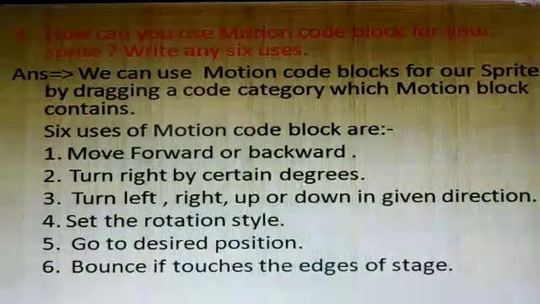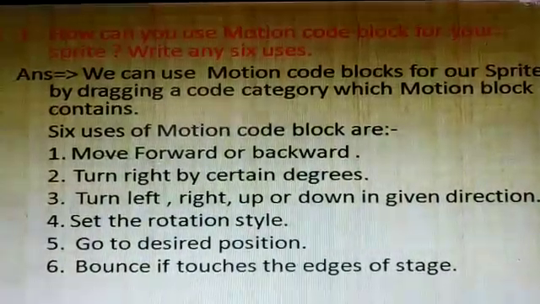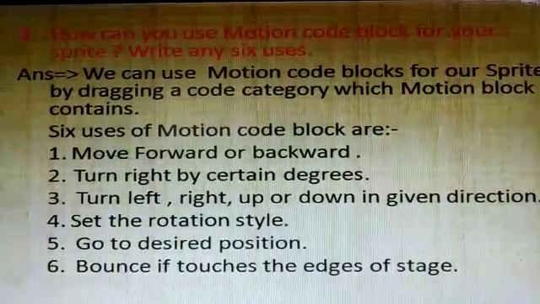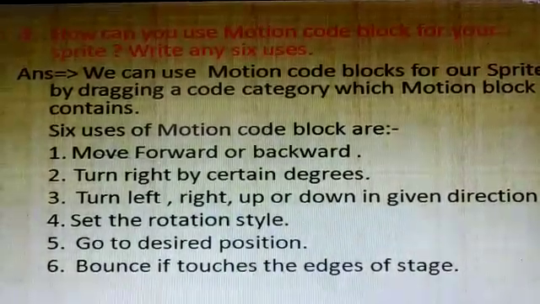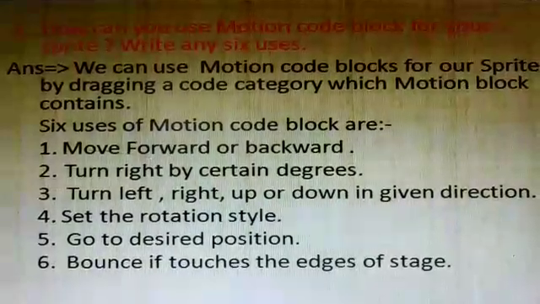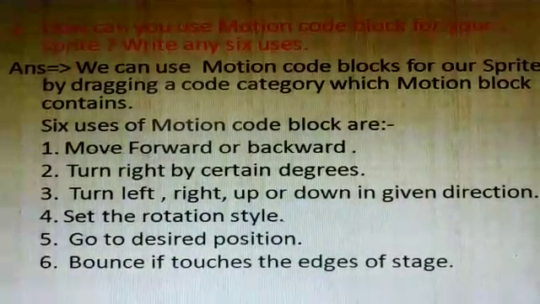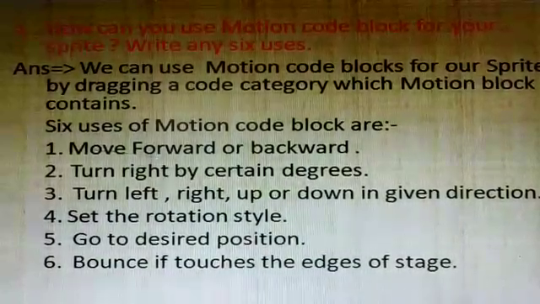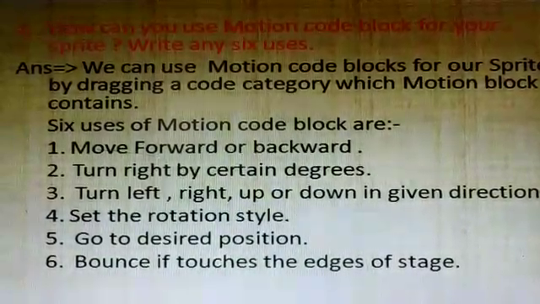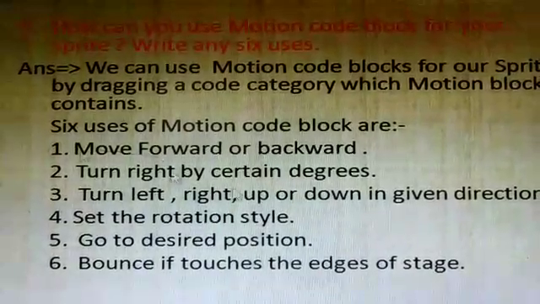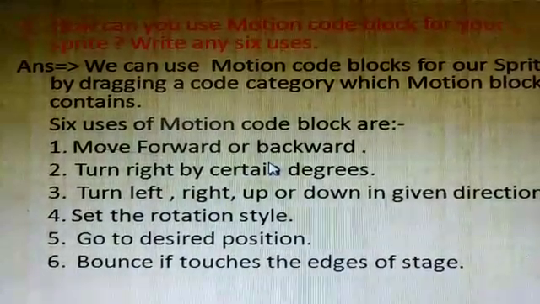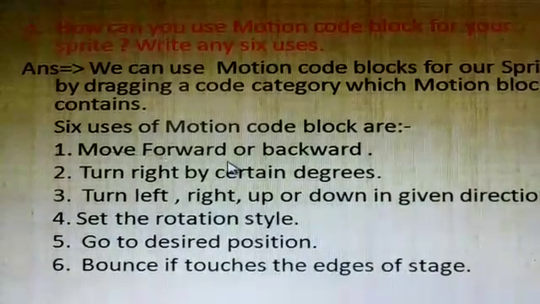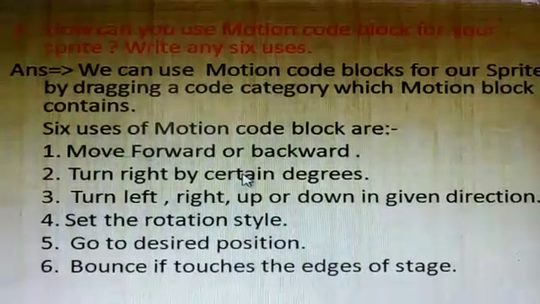Now come to the fourth question and answer. How can you use the motion code block for your sprite? Write any 6 uses. And the answer is, we can use the motion code block for our sprite by dragging from the code category which the motion block contains. 6 uses of the motion block are: first, move forward or backward. Whatever instruction you give by dragging and dropping, it will do like that.